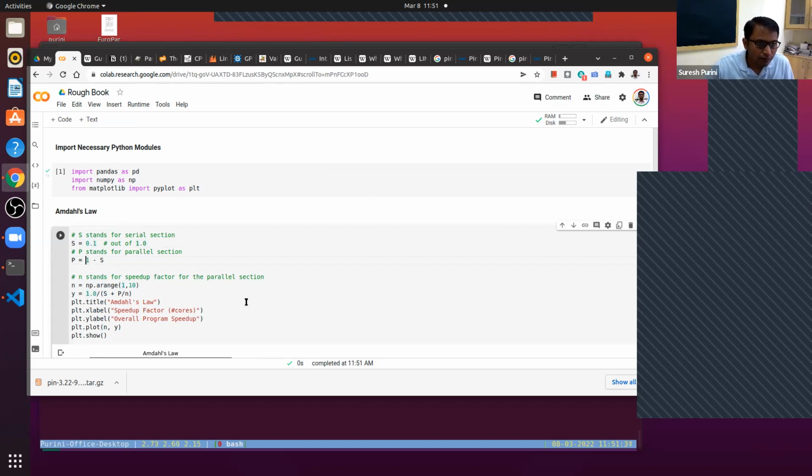Then the speed up is y equal to 1.0, the whole program execution time, divided by S plus P over N. We have P over N because we are using N cores to parallelize the parallel part of your program.